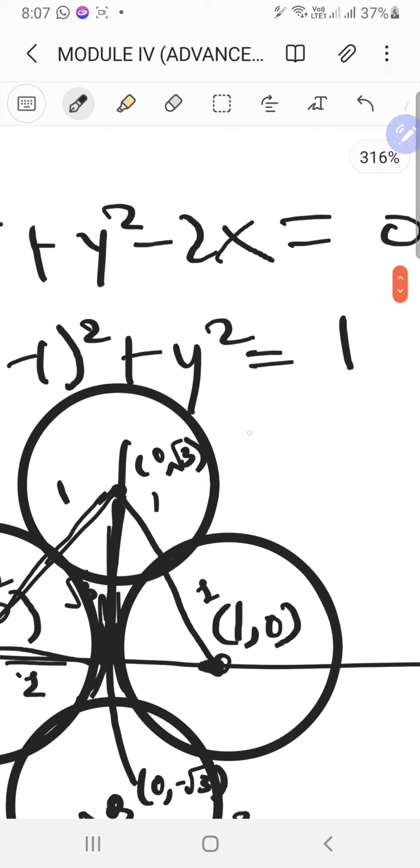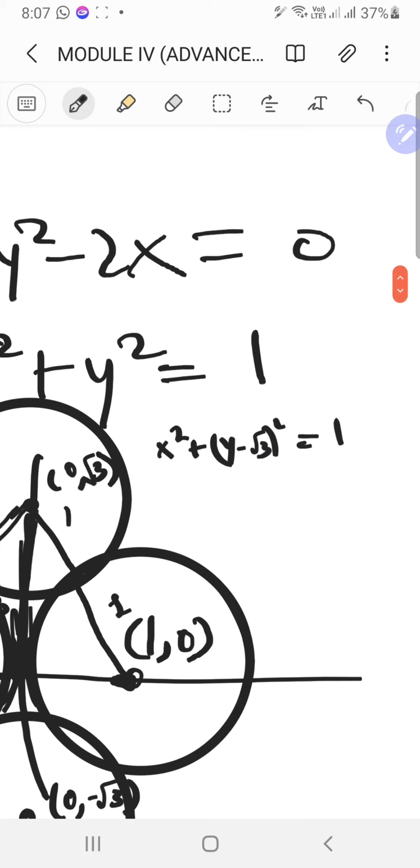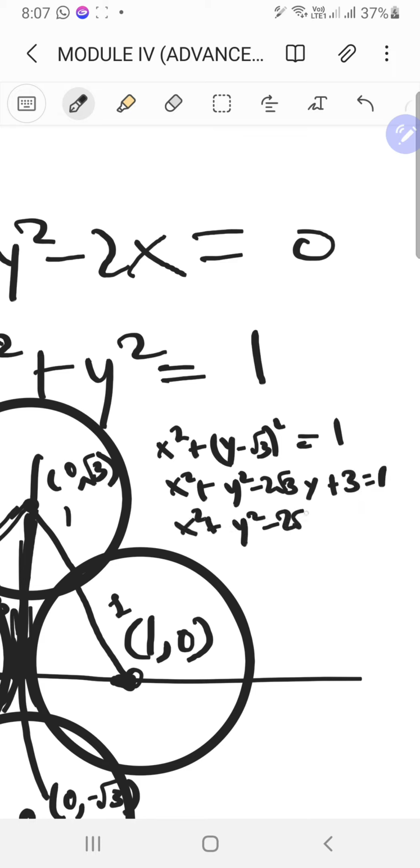So for this circle, x minus 0, so x squared, plus y minus square root of 3 squared, that is 1 squared is 1, so x squared plus y squared minus 2 square root of 3y plus 3 equal to 1, so x squared plus y squared minus 2 square root of 3y plus 2 equal to 0.